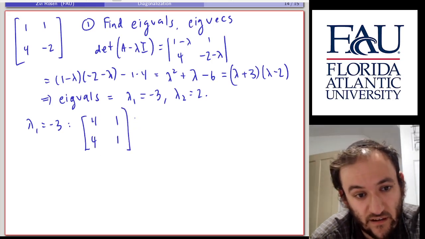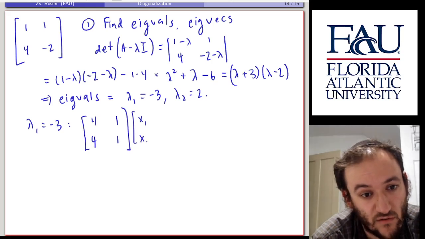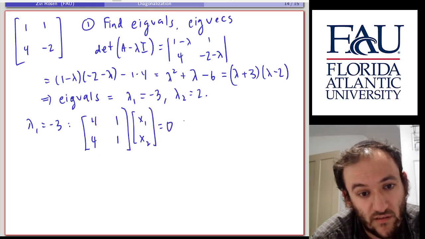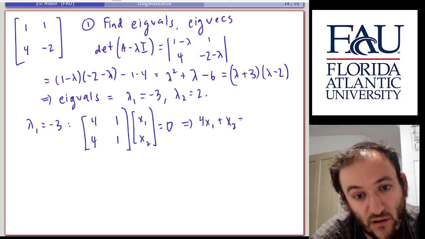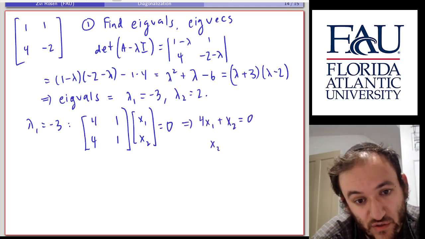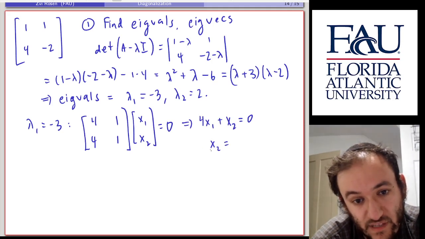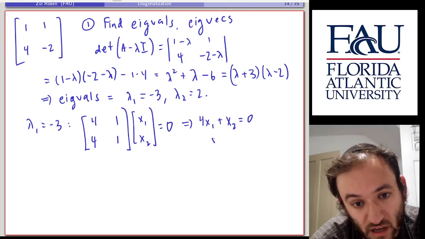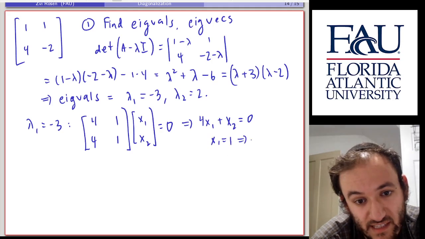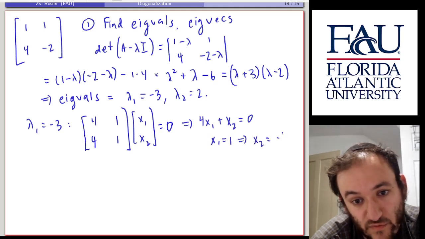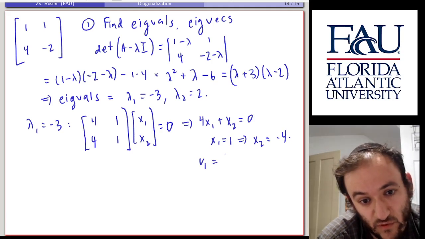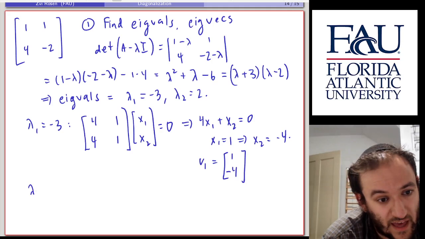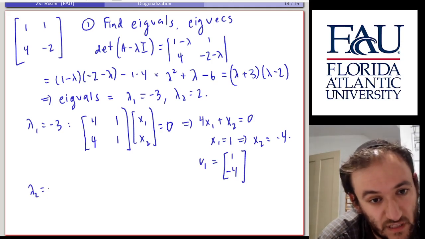If this is equal to 0, that means 4x1 plus x2 equals 0, which means if we set x1 to be, let's say, 1, then x2 equals minus 4. Okay, so we have an eigenvector v1 equals (1, minus 4).